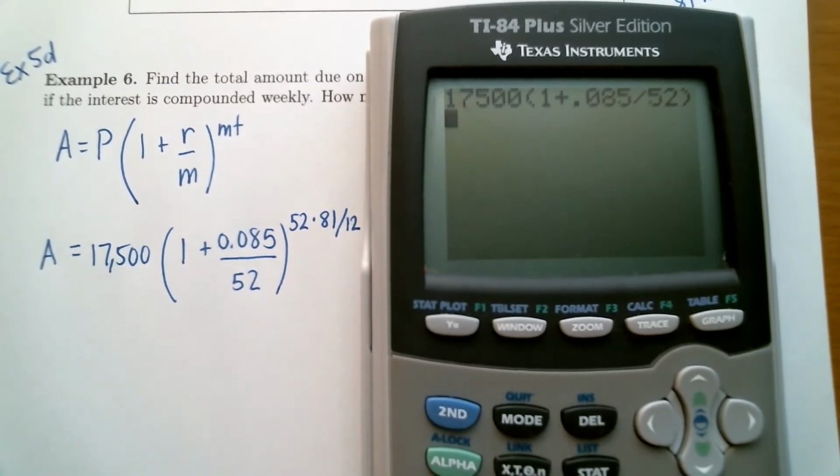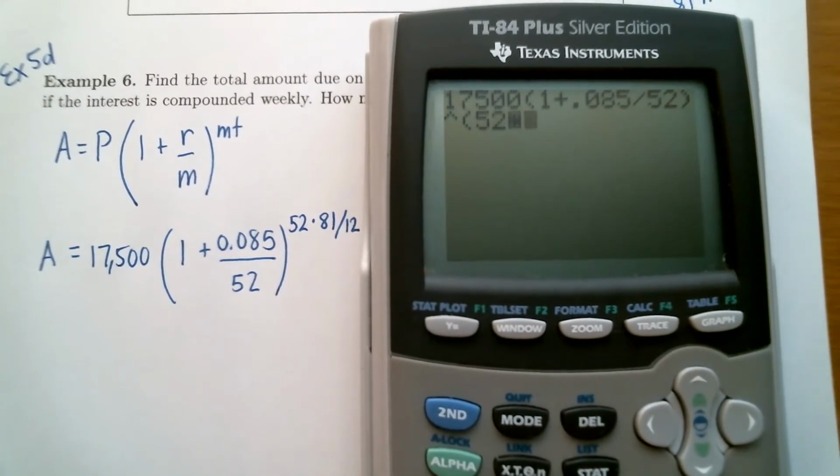When I raise this to a power, I have to put parentheses around the entire exponent, because if you do not, what's in parentheses will be raised to the 52nd power only, and then it'll take that result and multiply it by 81 over 12, and that's not what we want to do. So make sure you put the entire exponent in parentheses: 52 times 81 over 12, close parentheses. This is how you should enter it.